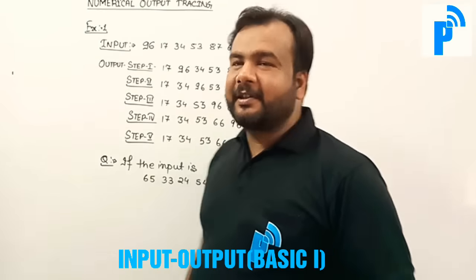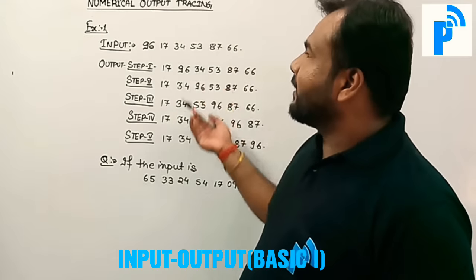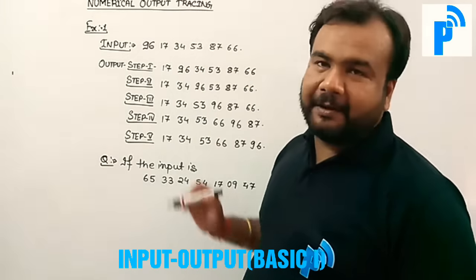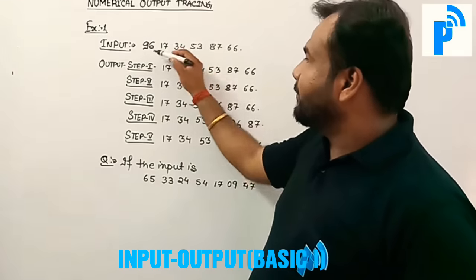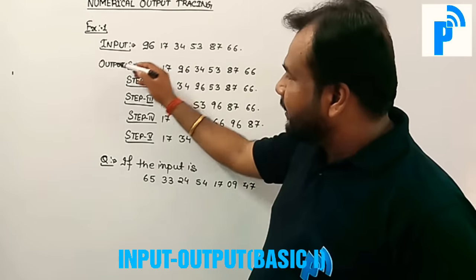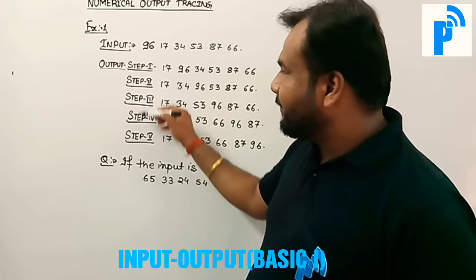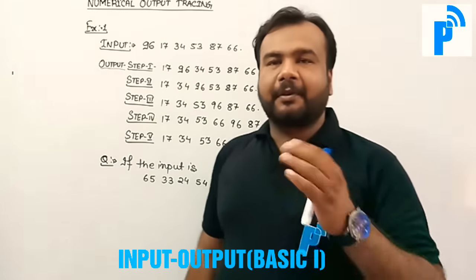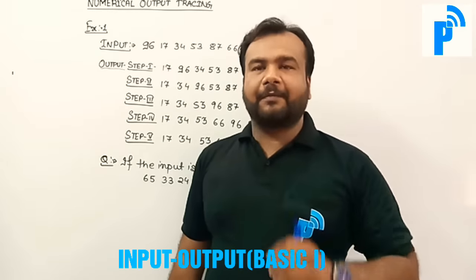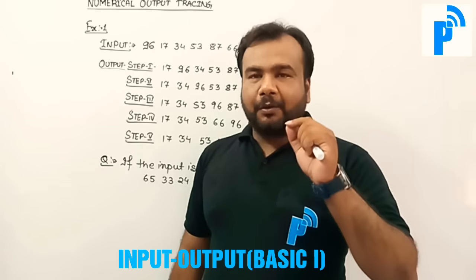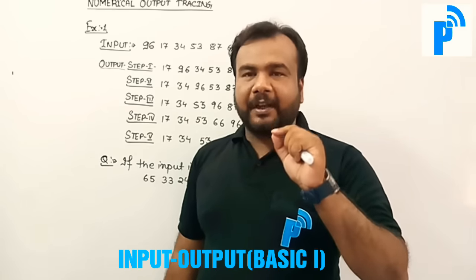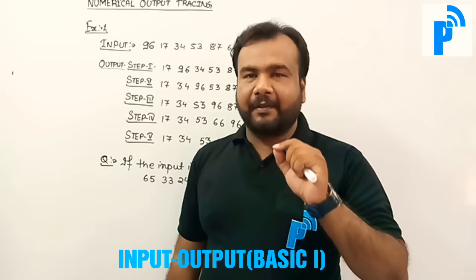Okay, students, now you can see that this is the given example for numerical output tracing. An input is given, and in the output we have 5 different steps. Before solving the question, one thing you have to remember is to look at step 5, the final step of the given question.